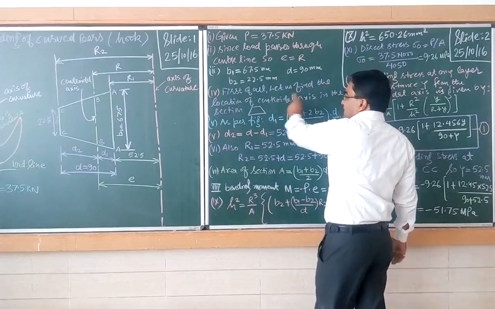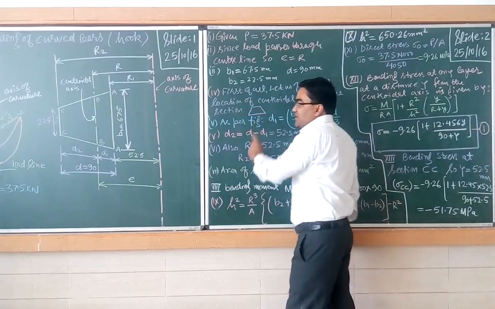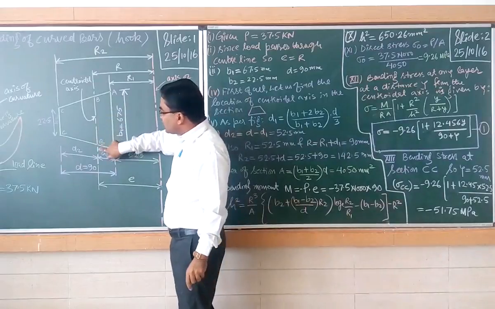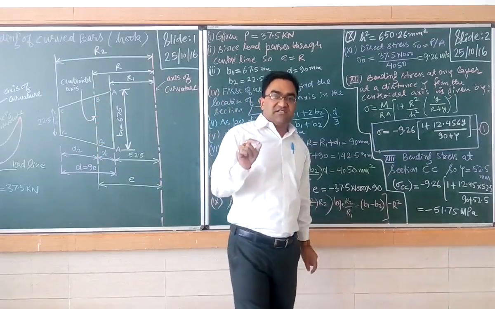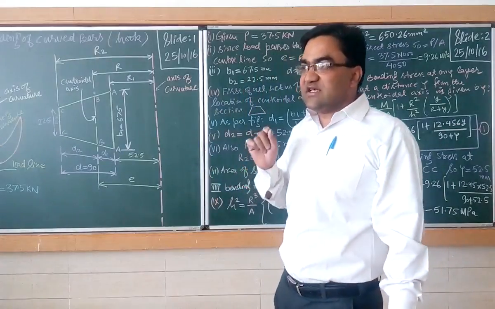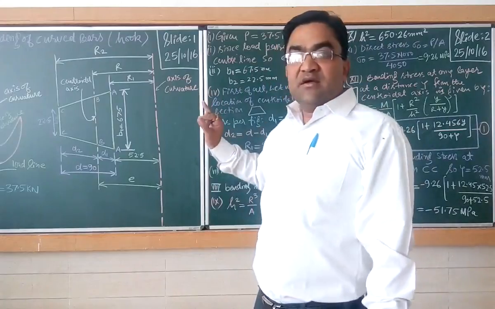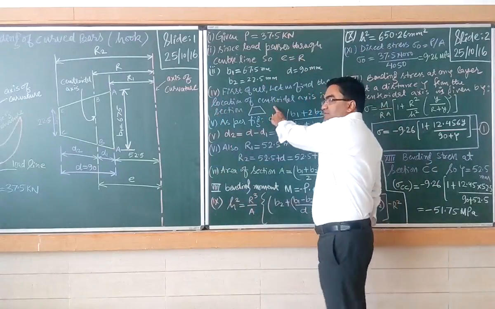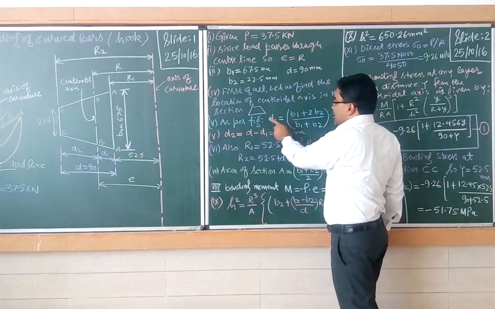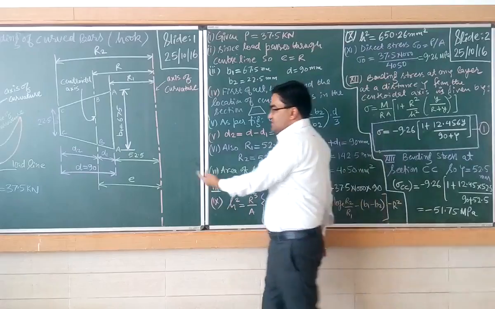First of all, let us find out the location of the centroidal axis in the cross section. We will try to find out where we should draw this BB. BB is the centroidal axis, meaning this axis is passing through the centroid of the trapezoidal section. For the trapezoidal section, this is D1.